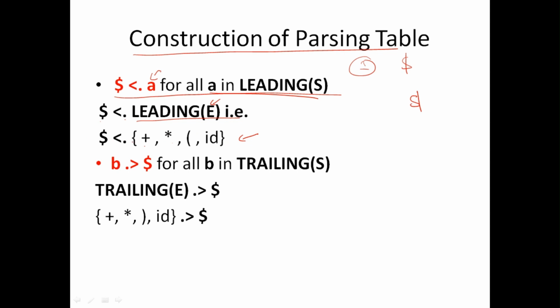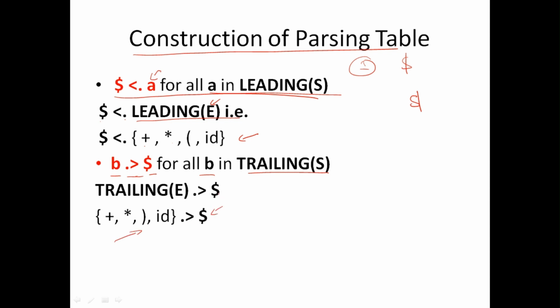So dollar will yield precedence to plus, asterisk, opening parenthesis, id, and b takes precedence over dollar for all b in trailing of S. Trailing of E contains what? Plus, asterisk, closing parenthesis and id. So these symbols will take precedence over dollar.